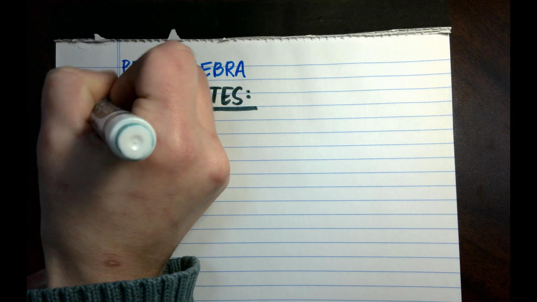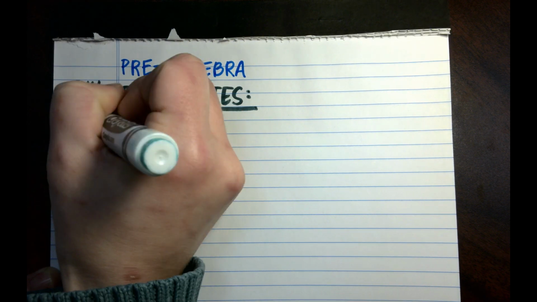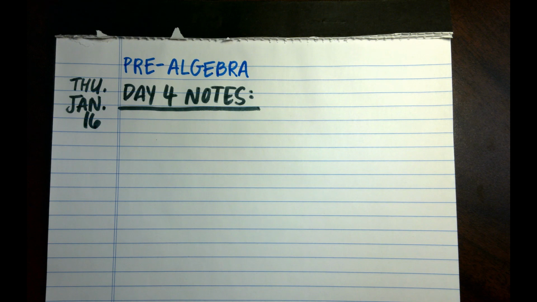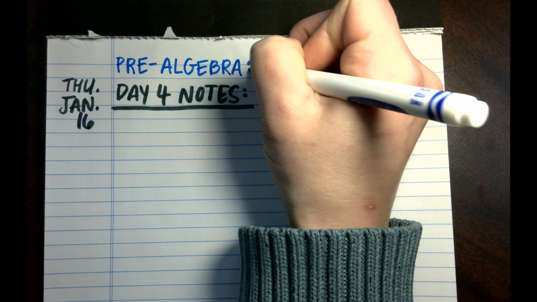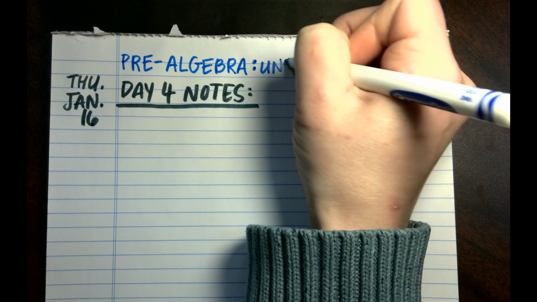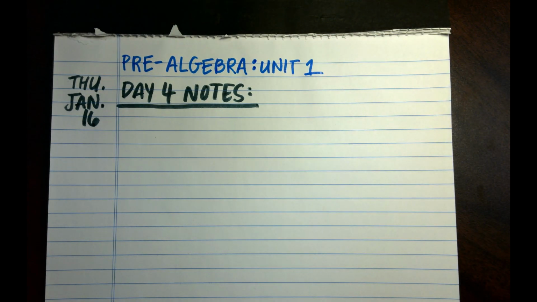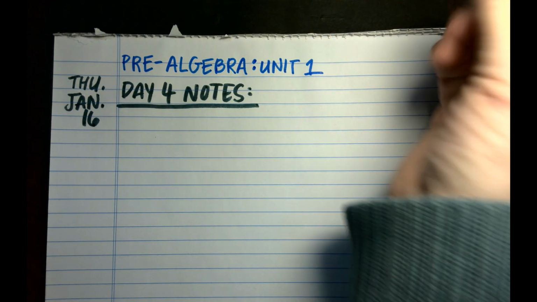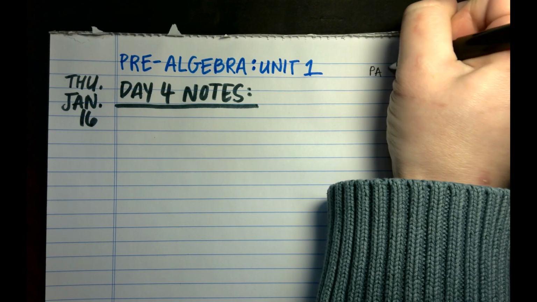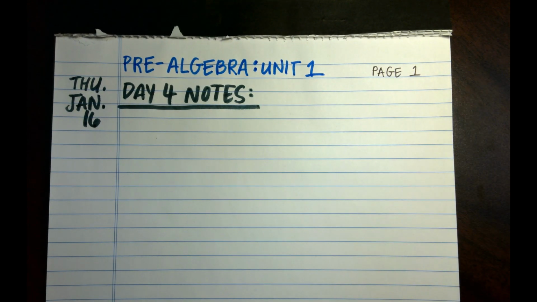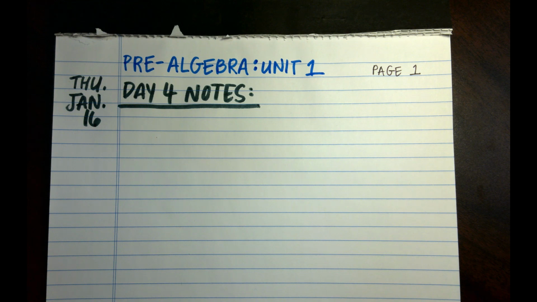Or if I lose it, at least if I find it, I know what it goes to. Okay. And, all right, we're still in unit 1. Okay. So, order of operations.